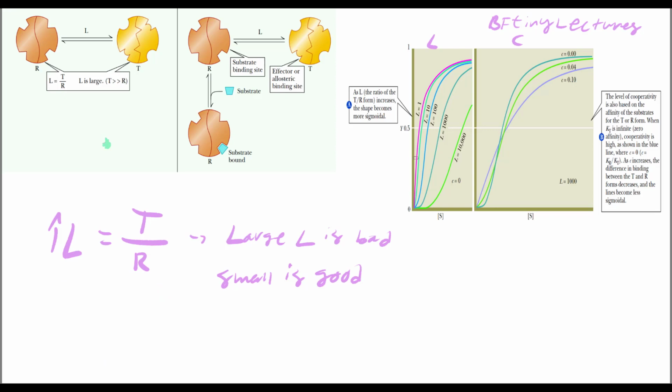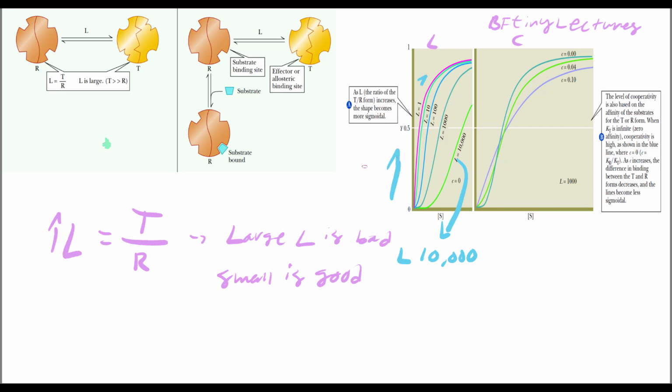So notice what happens when I increase the L values. I go from a value of 1 for the first line right here to a value of 10,000. So notice that whenever the L increases, the overall velocity decreases.